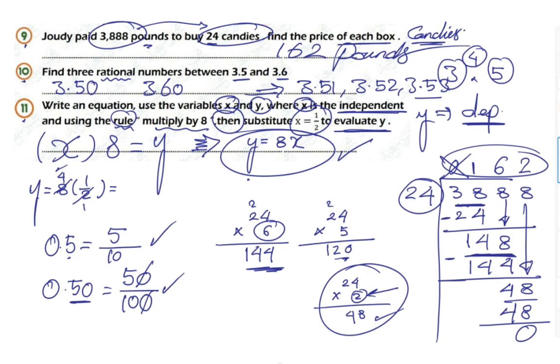Now I divide the numerator and denominator by the same number. Now I have 4 by 1 equals 4. So the value of y at x equals half is 4. Now you write the equation and substitute to evaluate y. We finished the first part of the answer.